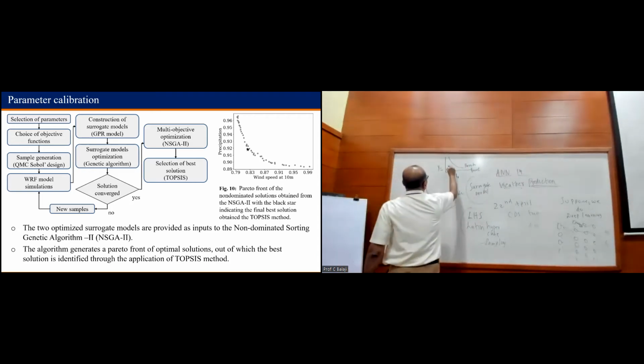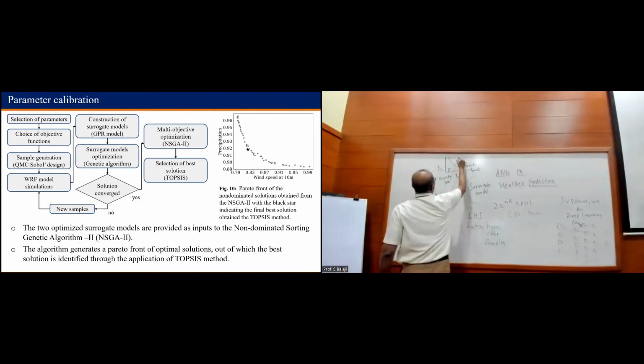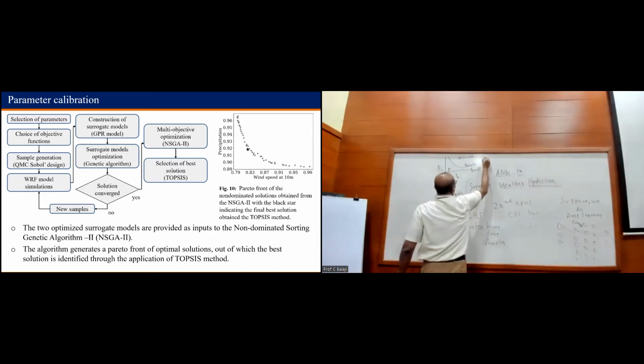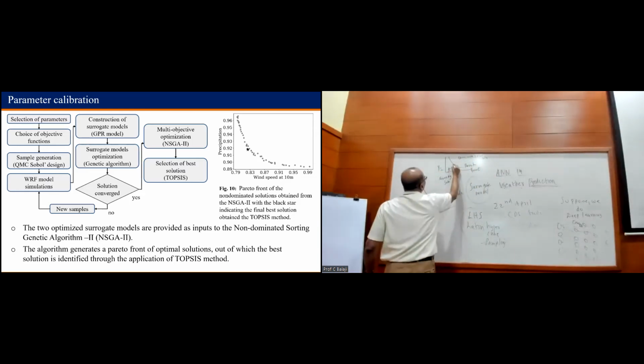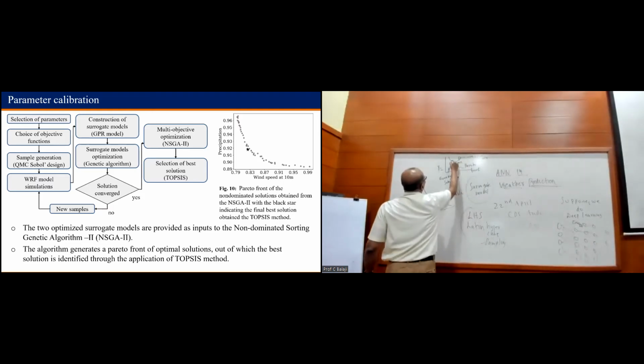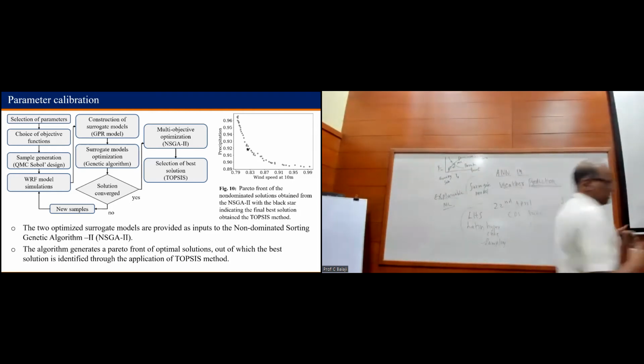Now, this is a greedy solution. This is the negative ideal solution. My final solution should be such that one is min and the other is max. Now you choose a point here, and we try to do that. That is called the TOPSIS algorithm.